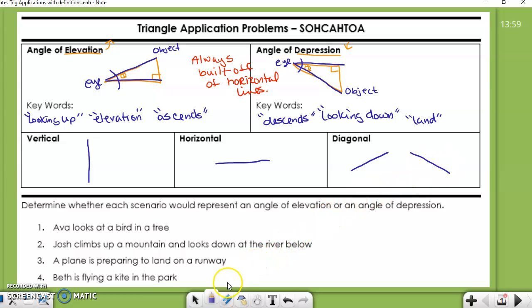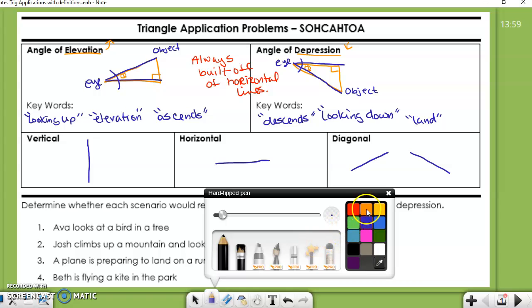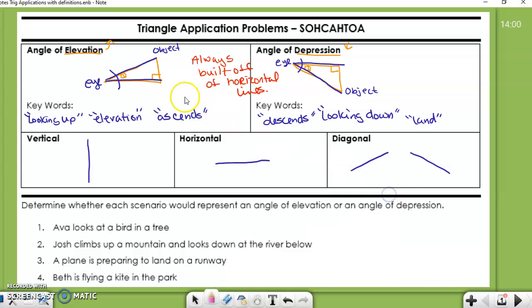Before we move on from the definitions, I want you to realize one other little thing. Let's say I'm looking at this angle of elevation. I've got this horizontal line. If I draw a parallel horizontal line up here, then this angle right here would be congruent, because with parallel lines and a transversal, alternate interior angles are congruent.